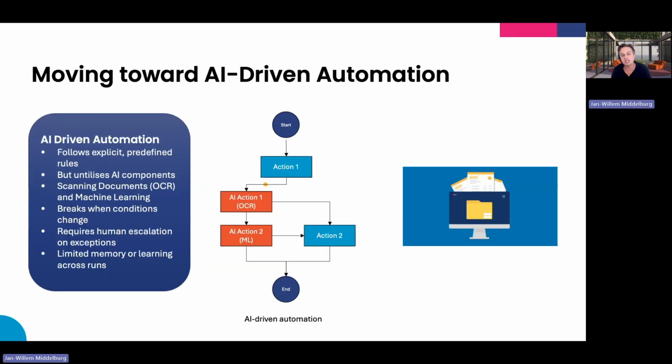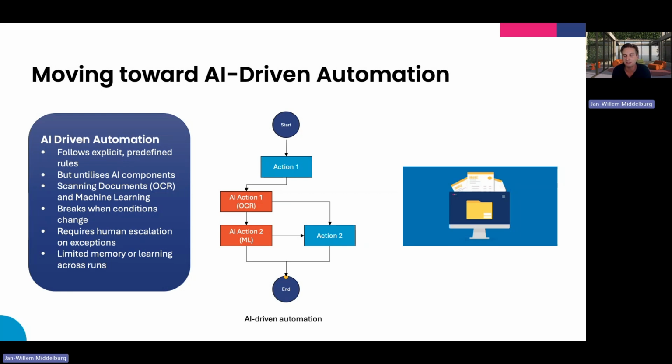Now, a much more interesting development, and this is what we've been seeing in the last 1 to 2 years, and many organizations are still busy with this, is where you are including AI components into the workflow. And this enhances the capability of workflows very, very significantly, because those individual activities have much broader capabilities.